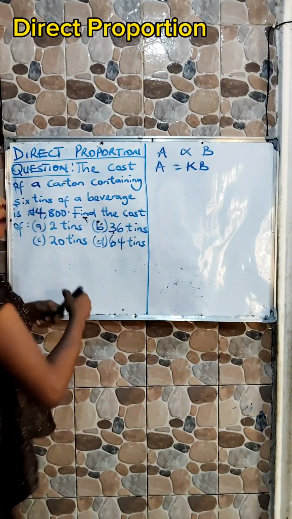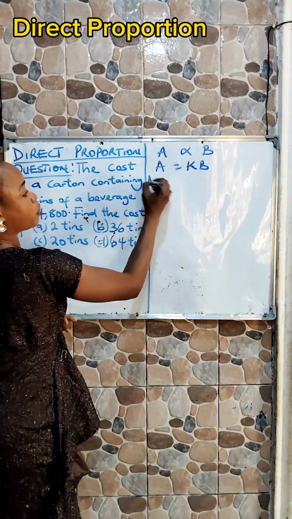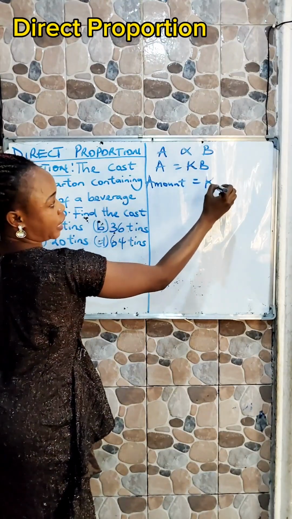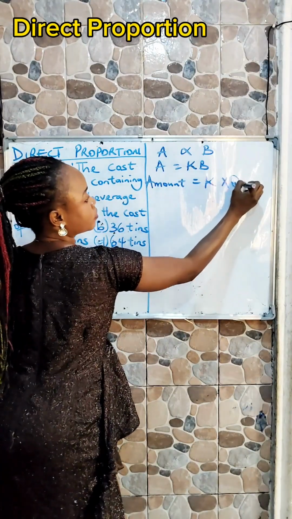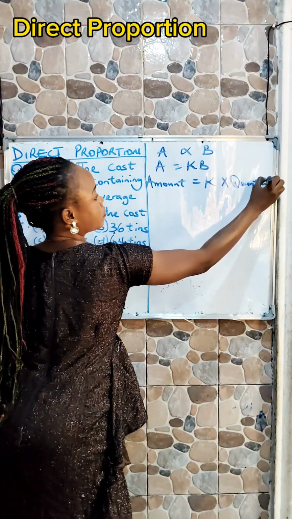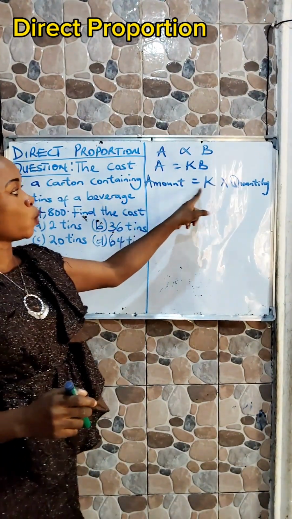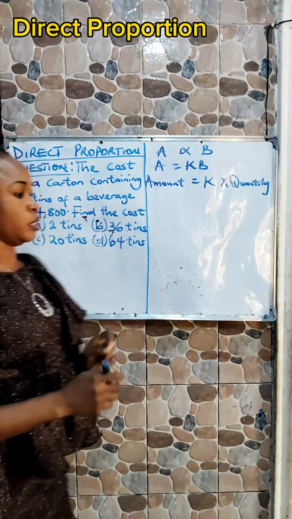So the amount is equal to K, the constant of proportionality, times the quantity.